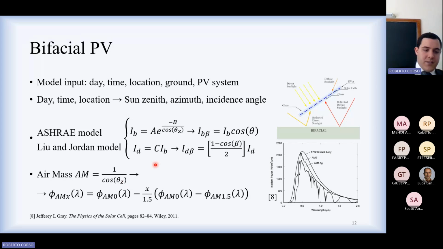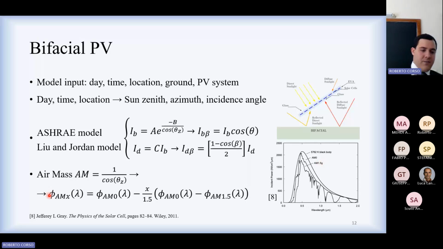So given this air mass value, we consider the standard solar spectra corresponding to air mass values of 0, which is essentially the extraterrestrial solar spectrum, and 1.5, which is a standard commonly employed in studies of this kind. And for a general value of air mass, we applied a linear interpolation between these two spectra in order to have a solar spectrum at any value of air mass, which means at any time of the day, at any position of the sun.